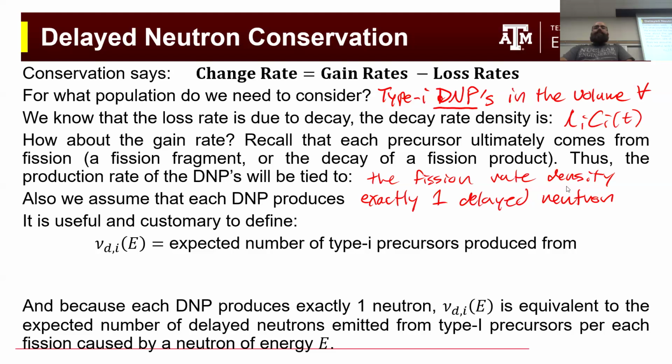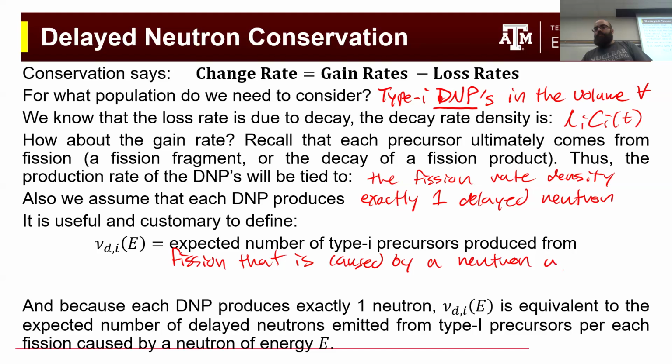So we are going to define something called nu sub d i, and this is the expected number of type i precursors that are produced from fission that is caused by a neutron with energy E. So this isn't telling me about the number of neutrons that come out.